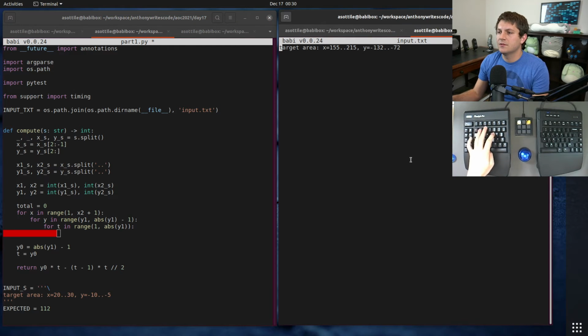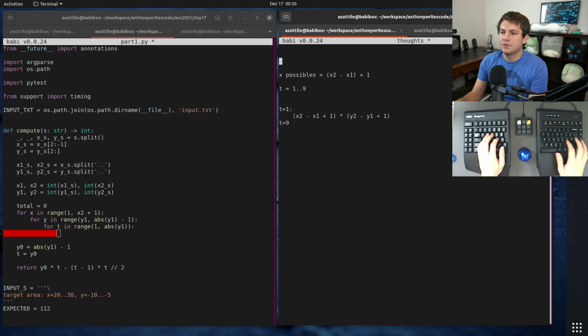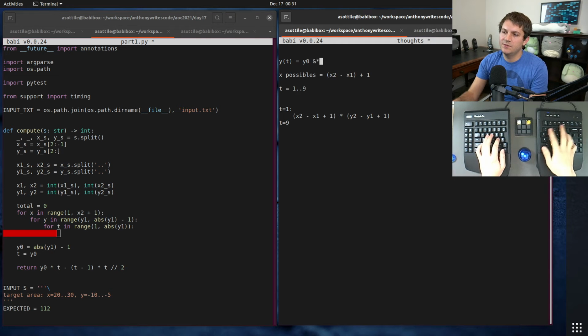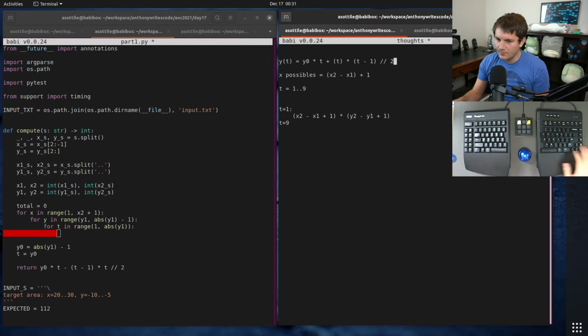And then for the formula, so y of t equals, what did we compute it as before? y naught times t plus t times t minus 1 over 2. So that gets us our y.